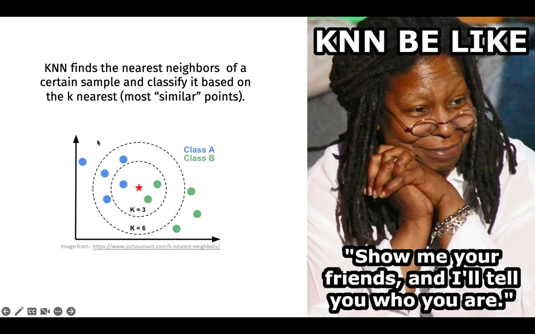In a case where we consider only 3 neighbors, as you can see, this new point has more similarities with class B, or the green points. But if we consider more neighbors, let's say 6 neighbors, the new point is essentially more similar with class A, or the blue points.